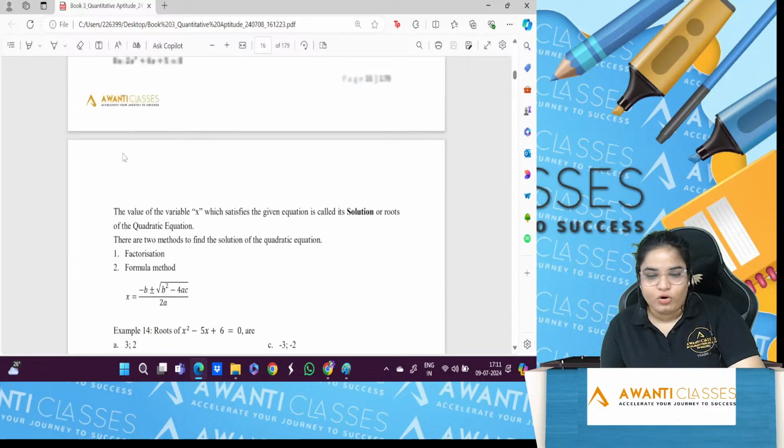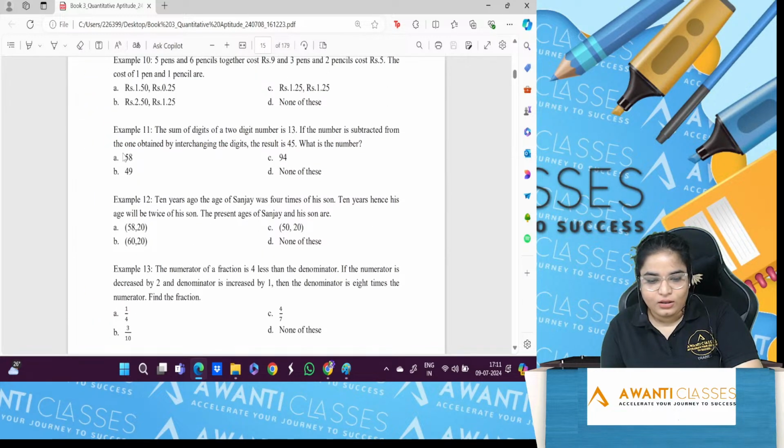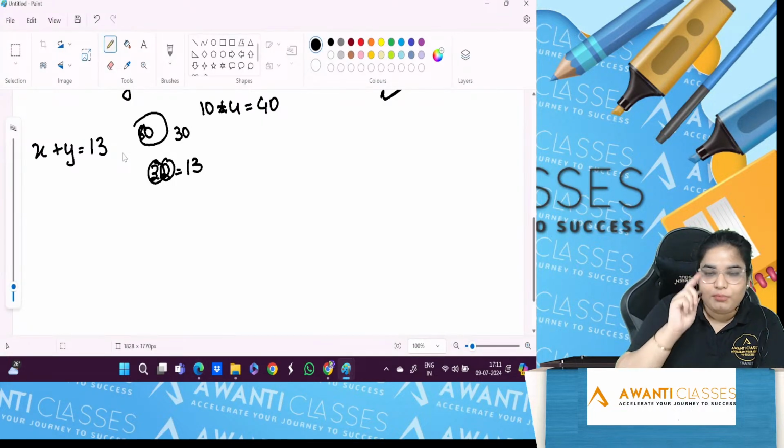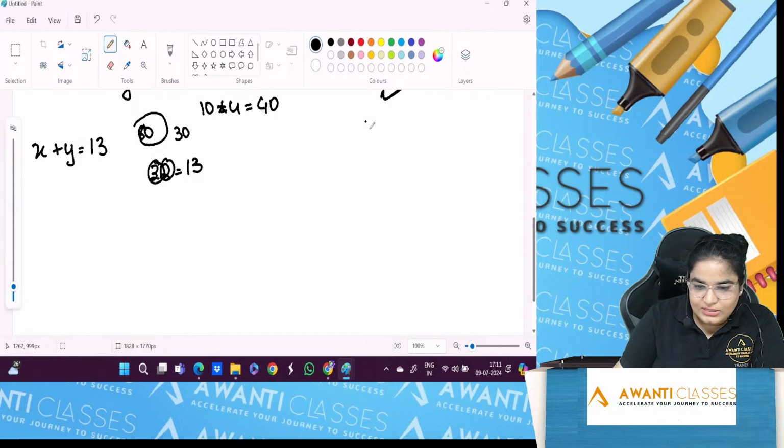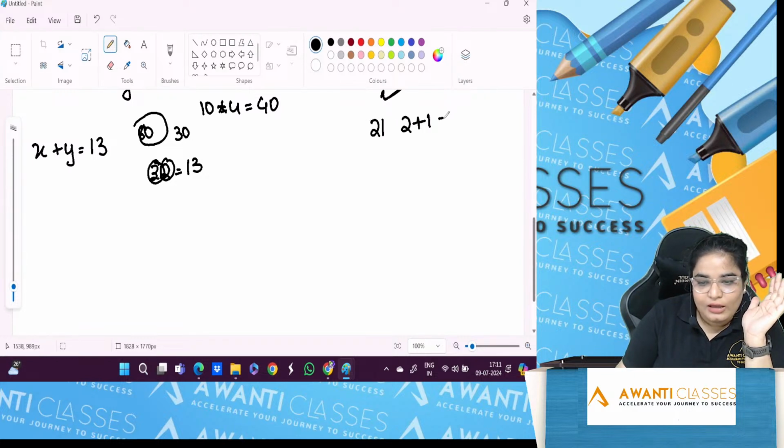So what are they saying now? They are saying there is a number. For example, right now, let us say 21. If I add 2 plus 1, I am getting the x number. Then they are saying 21, if I subtract 12 from it.